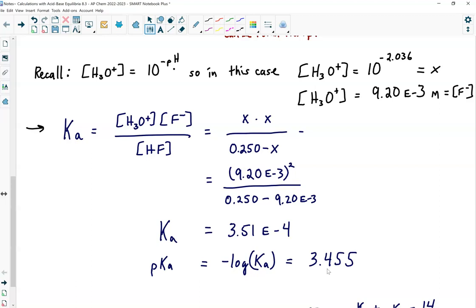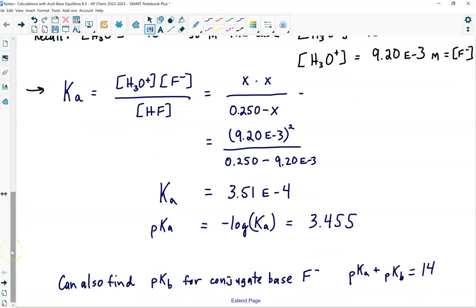And then you end up with these interesting relationships as I scroll down. Remember how pH plus pOH equaled 14? It turns out, and we will see how this evolves as we go through this, and this is just an amazing relationship, but it has to do with properties of the equilibrium constant, and if you wrote this reaction in reverse, it turns out that pKa plus pKb equals 14.